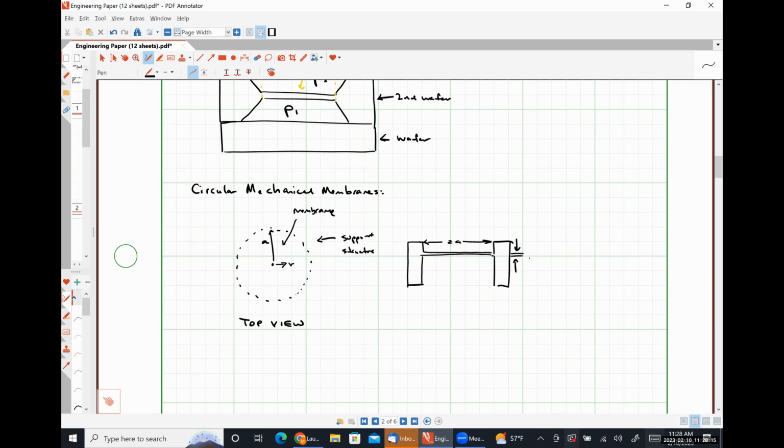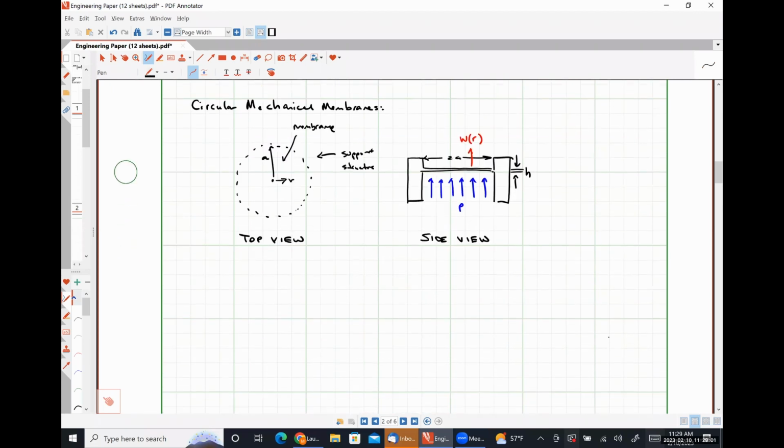Our membrane has some height H. And when we have some pressure P acting on the membrane, where this P represents a differential pressure between the top and bottom surfaces, we should expect to see some deflection W that depends on the radial distance R. So this is our side view. And now let's hit you guys with the math.